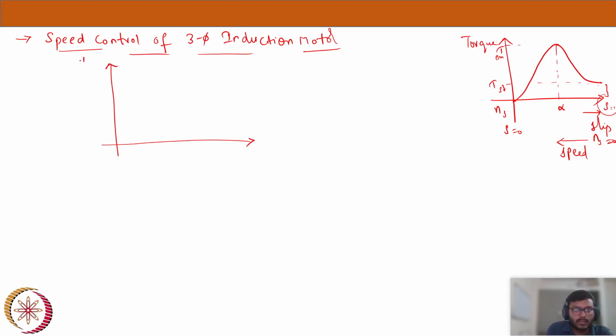The y-axis is torque and the x-axis is speed. I will start from here. Initially, I will have a starting torque. Here, speed is equal to 0. We know that slip is equal to 1 here. And somehow, okay, I will start from here.